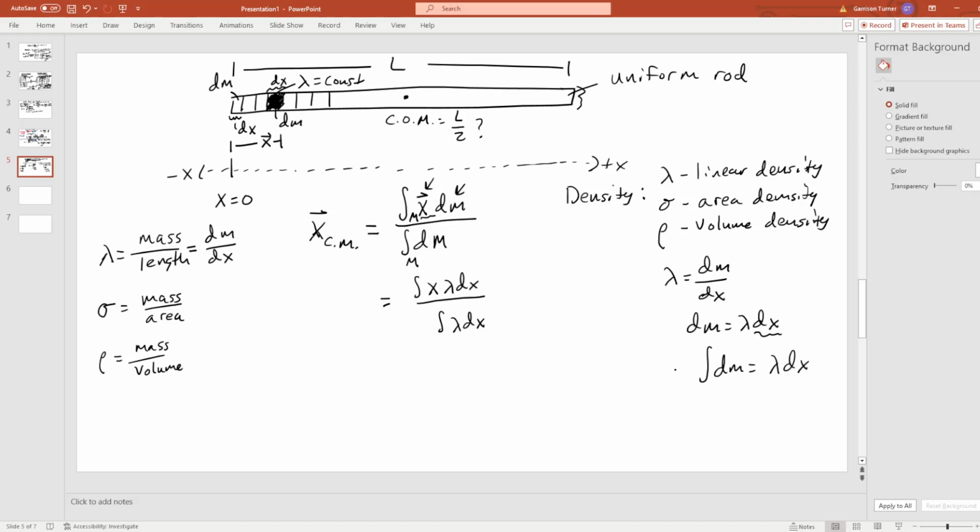If I integrate lambda dx over the entire length of my rod, I get the total mass, because I have to integrate over the entire mass. And so the denominator just becomes, by this argument, capital M, my total mass.